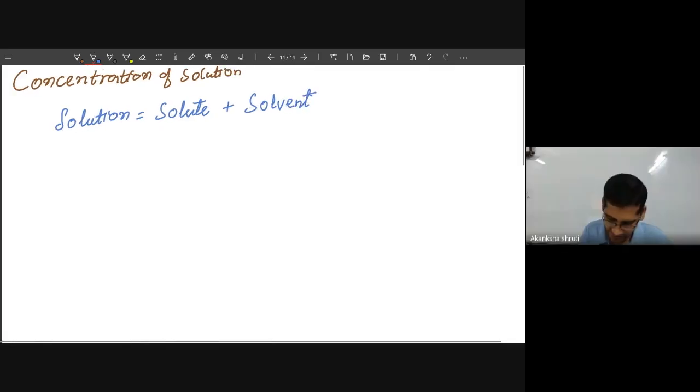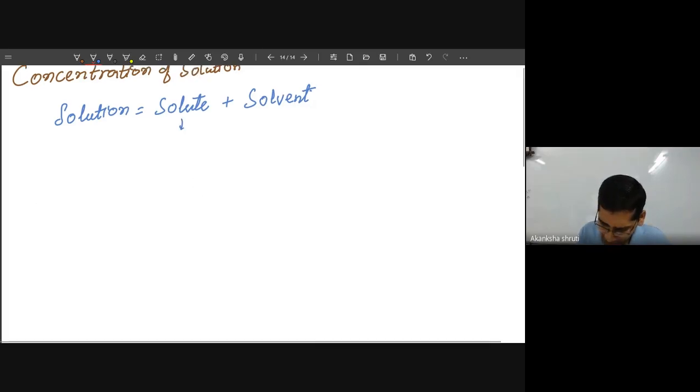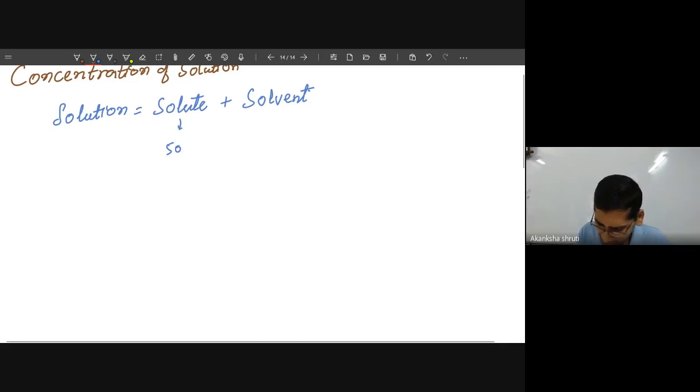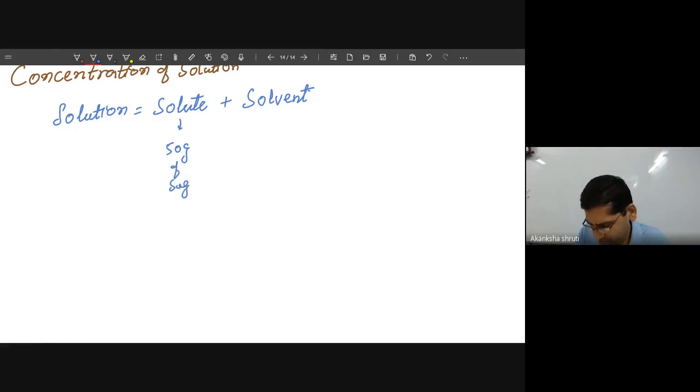So if I take, say, 10 gram or say 50 gram of sugar dissolved in, now I am taking in terms of mass, water can also be measured in terms of mass, say 200 gram of water.